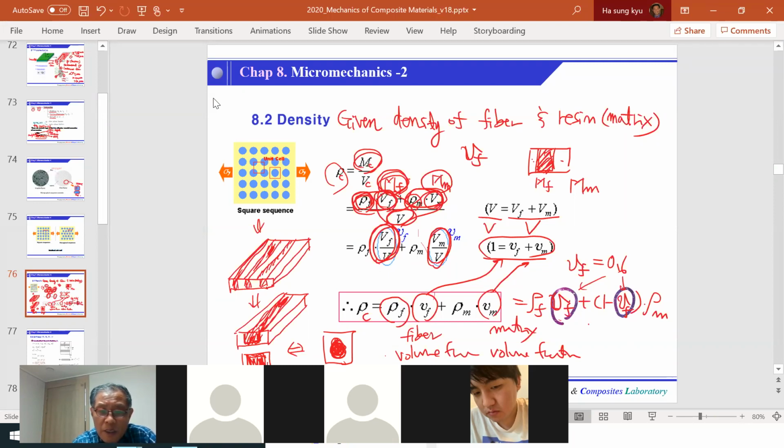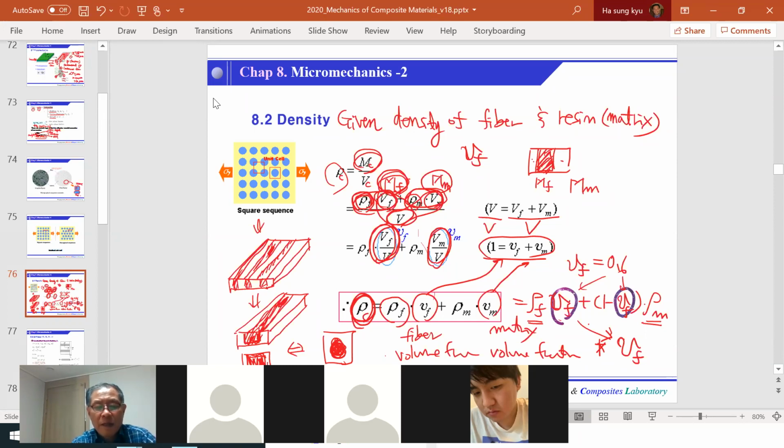We can measure the composite density, and rho_F can be given, and rho_M can be given. So from this equation, we can get the V_F.